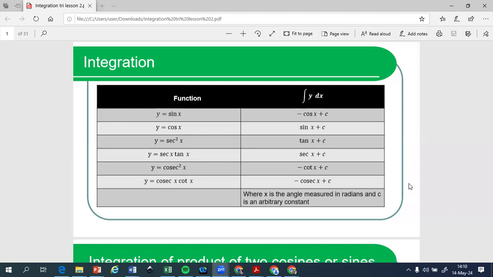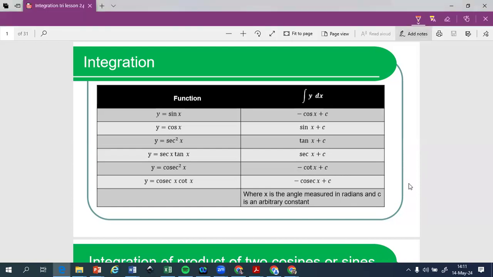Before we dive into today's trigonometry, you need to know those basics: when I integrate sine, I get negative cos. When I integrate cos, I get sine. Those are some of the basics we are supposed to know before we dive into the paper. You don't need to cram all of them, but you need to know the basics so that you do not waste a lot of time checking in your logbook or the math booklet.